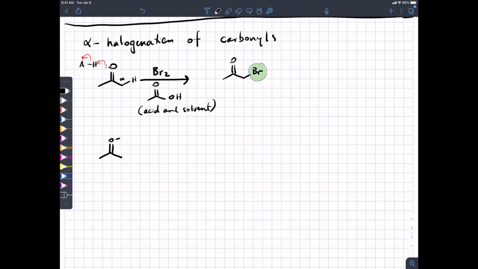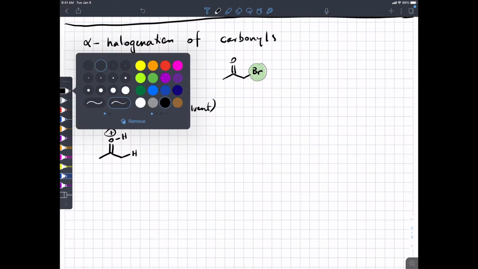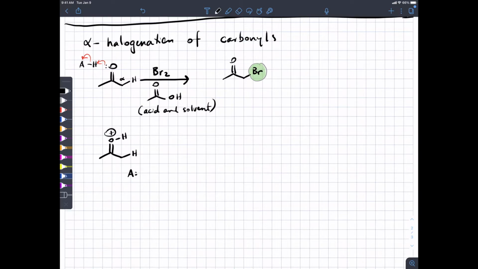And that process of making this oxonium ion then makes it easy for the conjugate base of our acid to remove the proton that's alpha to the carbonyl, and that generates the enol intermediate.